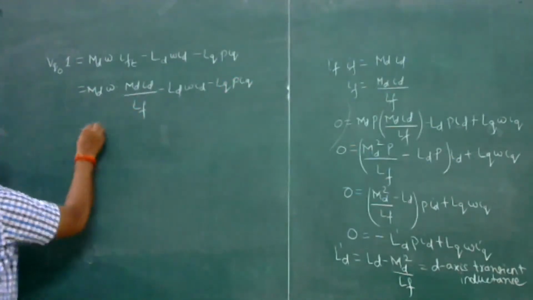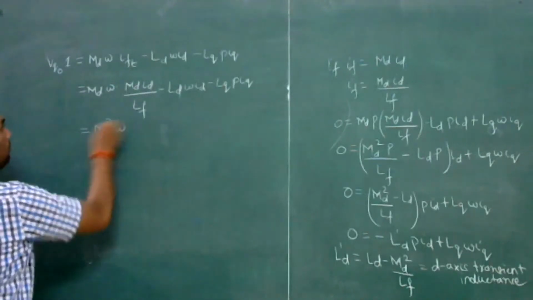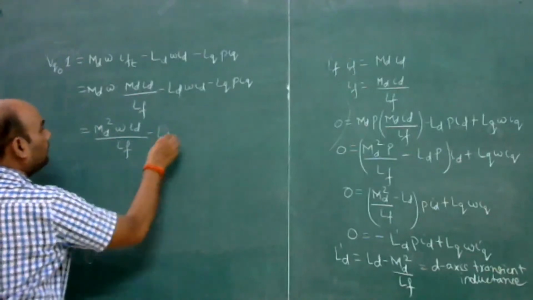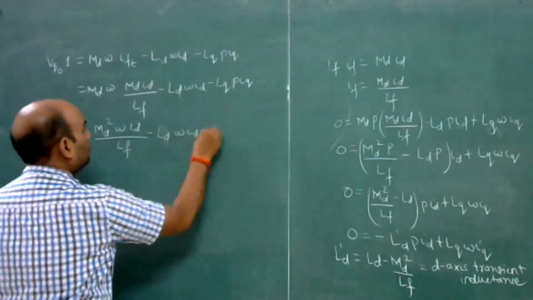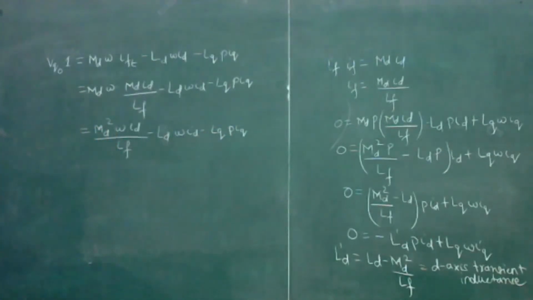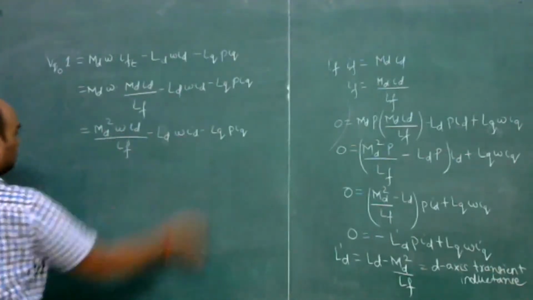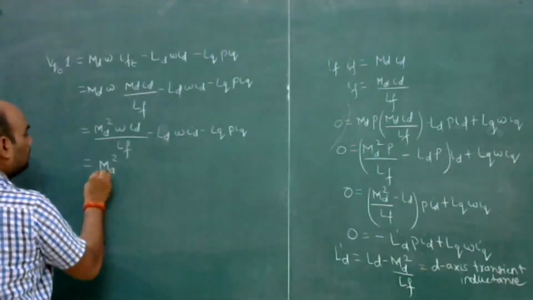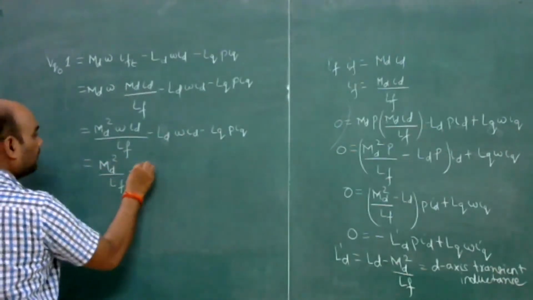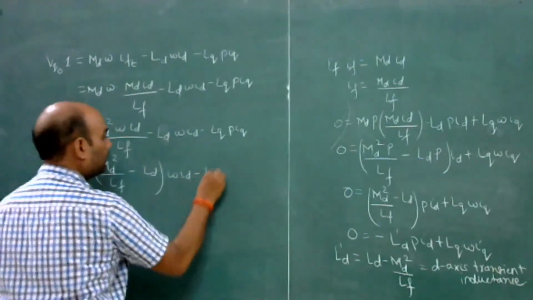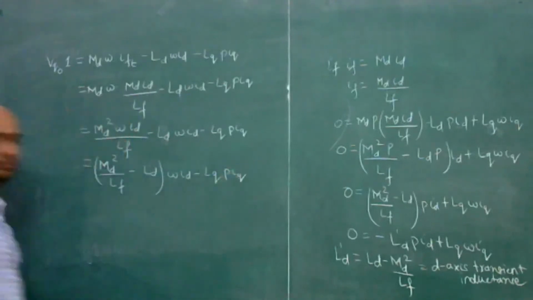So this is MD square omega ID upon LF minus LD omega ID minus LQ P IQ. Again take omega ID common. So this will be MD square upon LF minus LD into omega ID minus LQ P IQ.